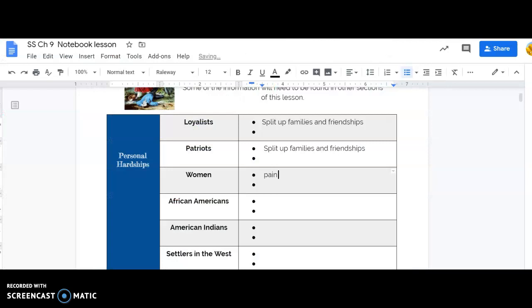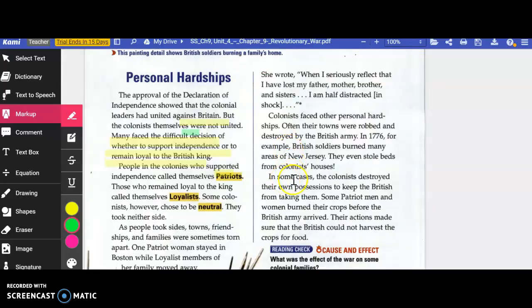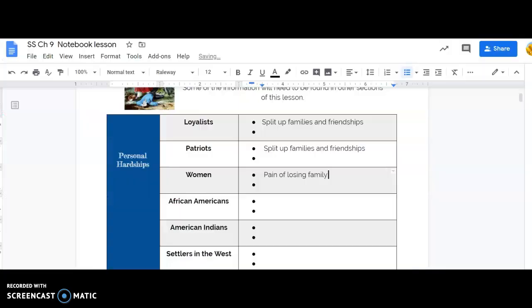So the pain of losing family because of their position in the war. Destruction of possessions. So far we haven't learned much about this yet. Okay. Pain of losing family. We can add that here. Losing family, losing possessions.